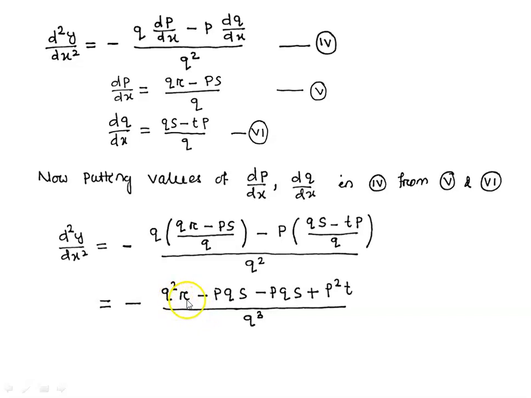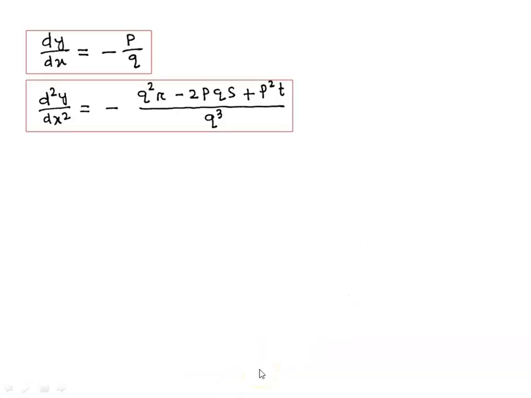minus (q square r minus pqs minus pqs plus p square t) divided by q cube, which is equal to minus (q square r minus 2pqs plus p square t) divided by q cube.